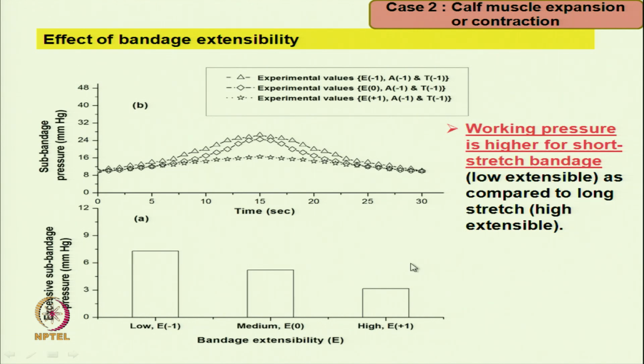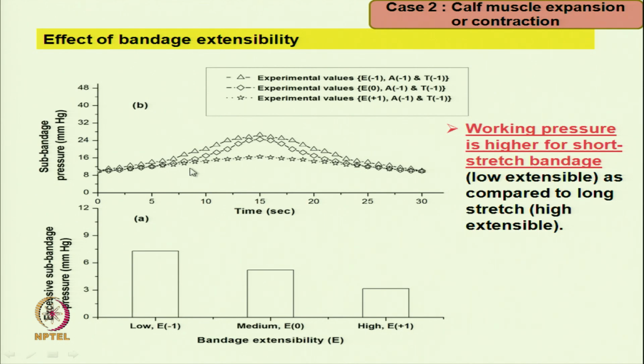But in dynamic condition we can see this curve at the top where the combination is E minus 1, that means the lowest extensibility, and the other two parameters were kept constant: A minus 1, the amount of air at the lowest level, and T minus 1, tension at lowest level. Only variable is the bandage extensibility.